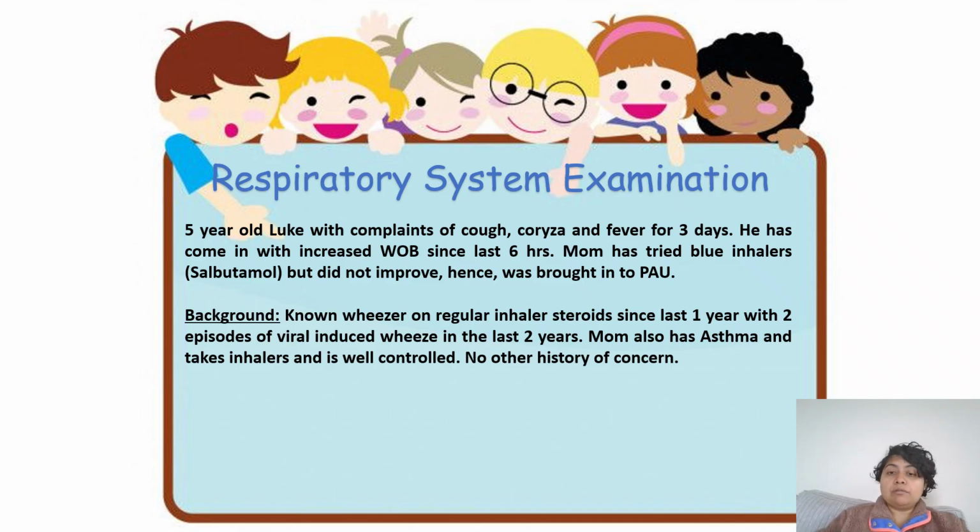Mom also has asthma, which is well controlled with her inhalers, and no other history of concern. Right. So you can pause this video and have a think about what are the things you want to look for and what are the things you want to do as a part of your respiratory system examination.